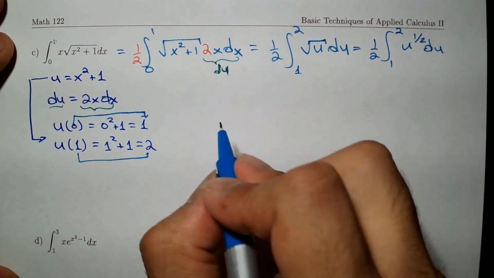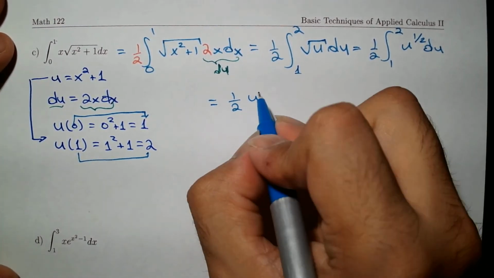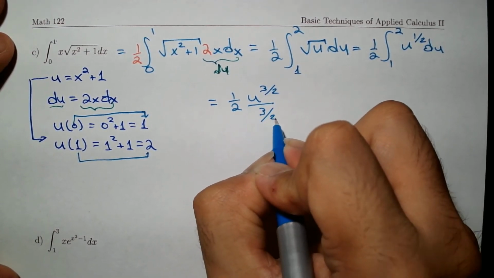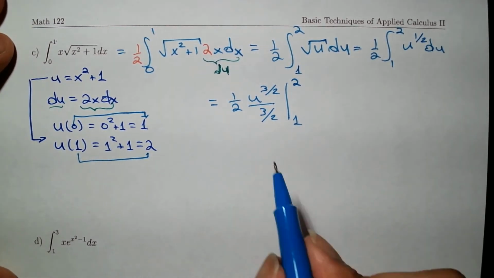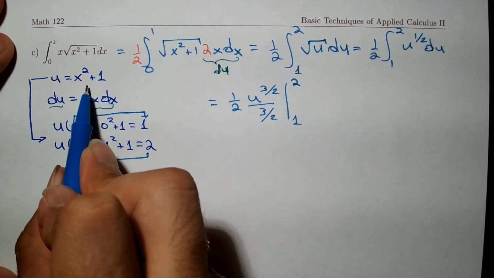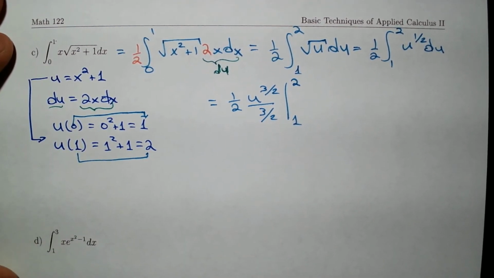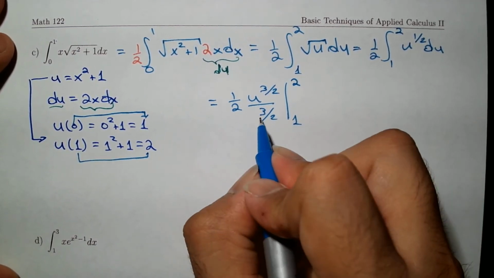So the integral of u to the 1/2 will be u to the 1/2 plus 1, that's going to give us 3/2 over 3/2, evaluated from 1 to 2. So no need to back substitute like we did before, because if we do back substitute, then we will have to use the older limits. So that's why we come up with new limits to simplify calculations.